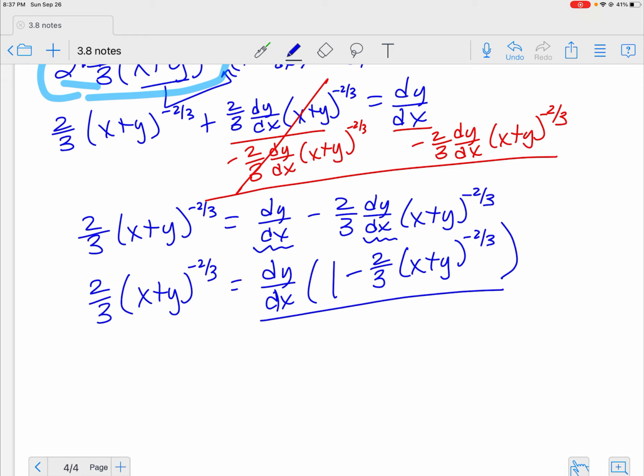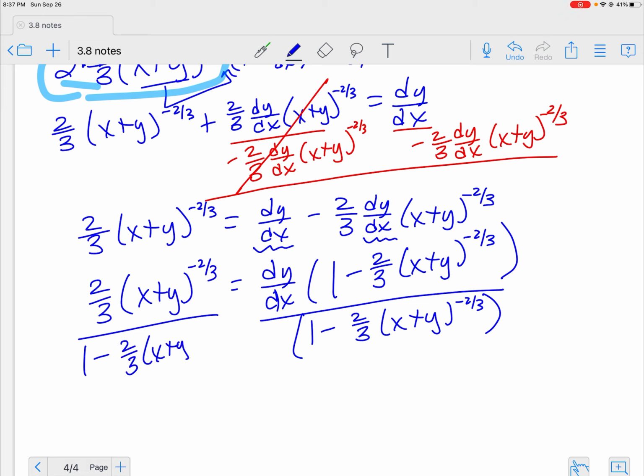Okay. Get the dy/dx by itself. I'm going to do 2/3 (x plus y) to the negative 2/3 divided by 1 minus 2/3 (x plus y) to the negative 2/3.